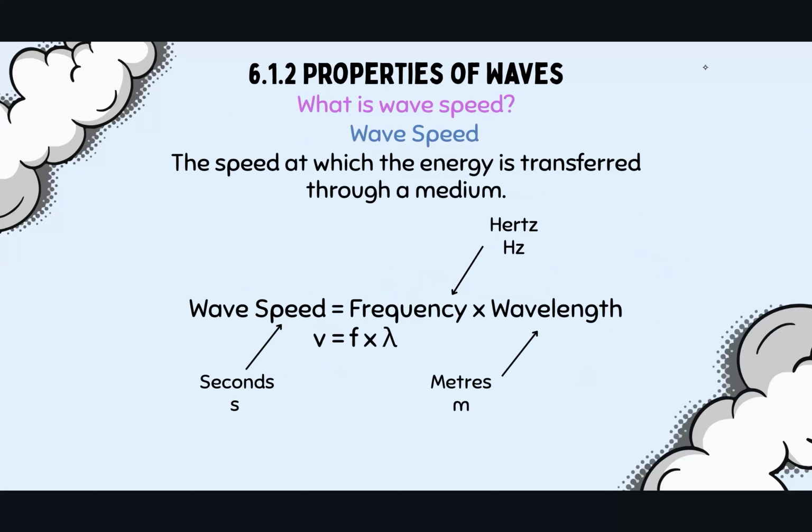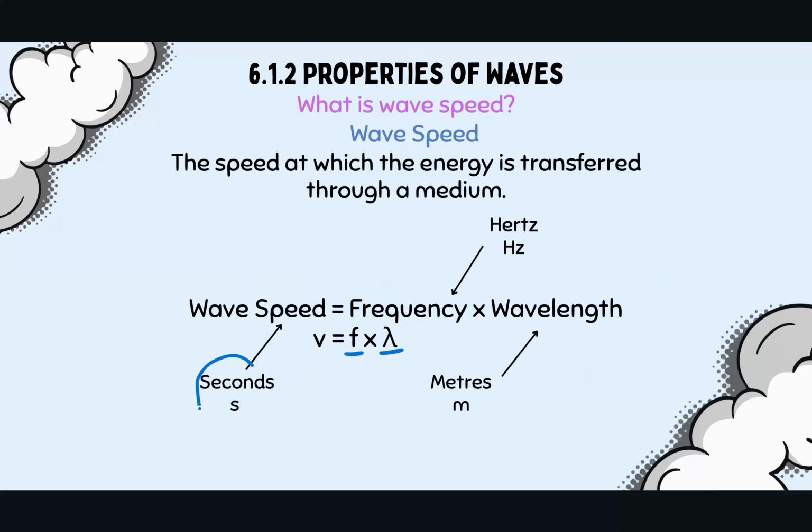So wave speed. This is the speed at which the energy is transferred through a medium. So light and sound change speed as they go through different densities. So wave speed equals frequency times wavelength.